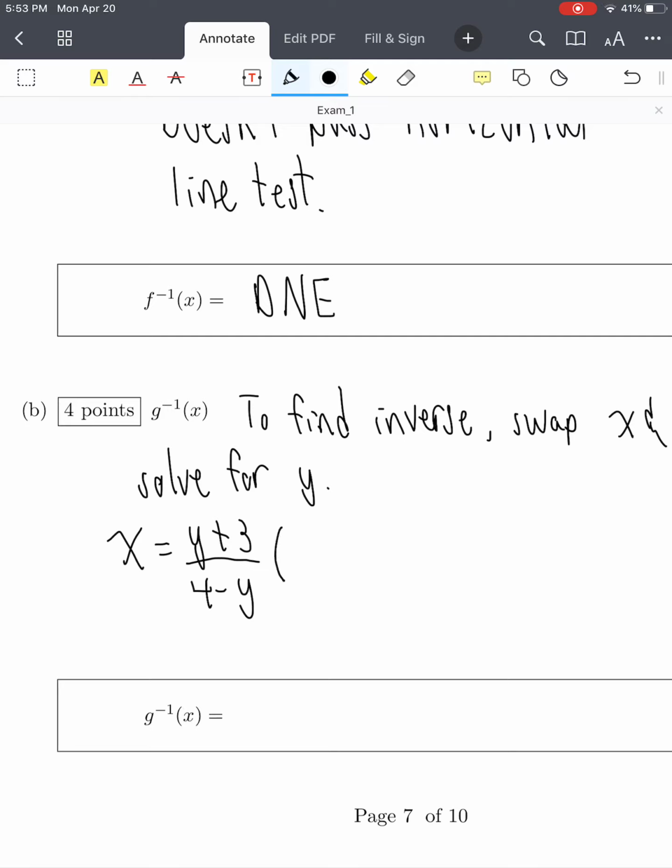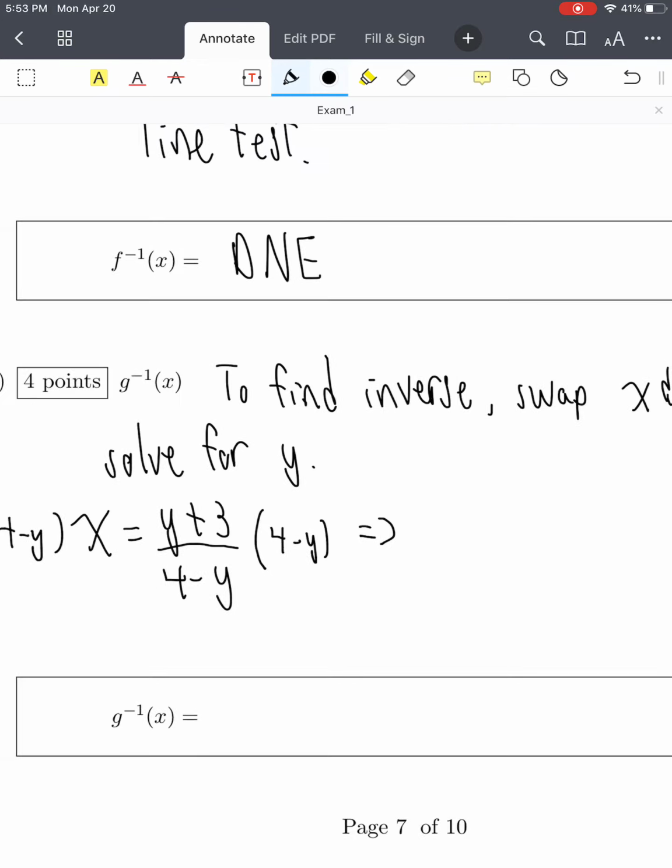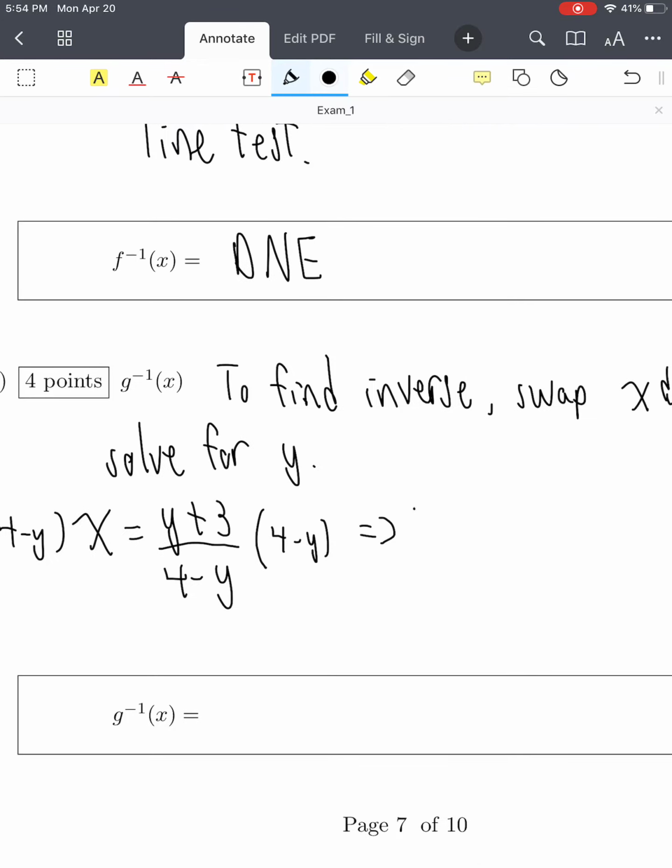So first off, let's multiply both sides by 4 minus y. That gives us, if we distribute this over here, 4x minus xy equals, cancel off from the right hand side, y plus 3.